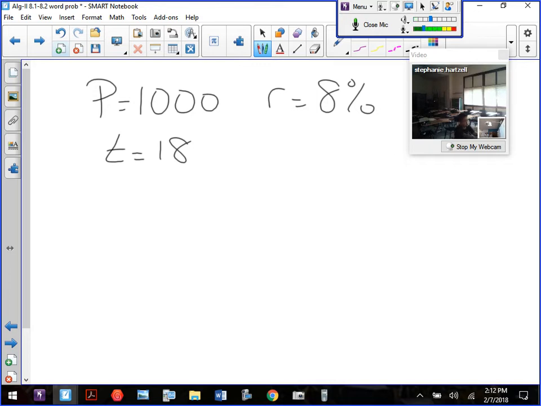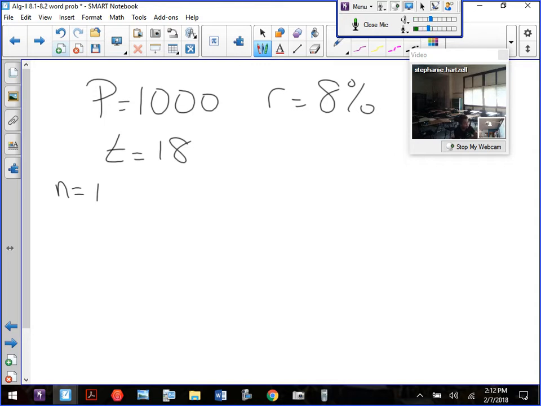Now, I want to show you the difference it makes in the number of times something compounds to how fast the money that you'll have on hand increases. So if we talk about the number of times compounded, if I say that it compounds annually, so one time a year.